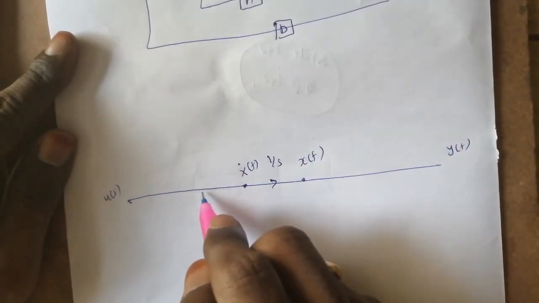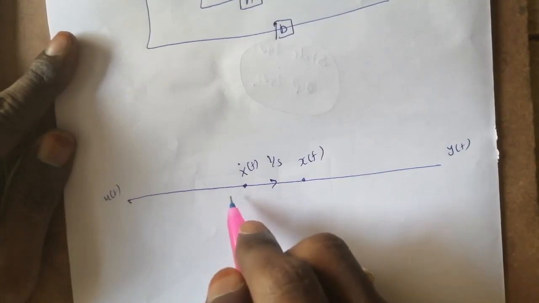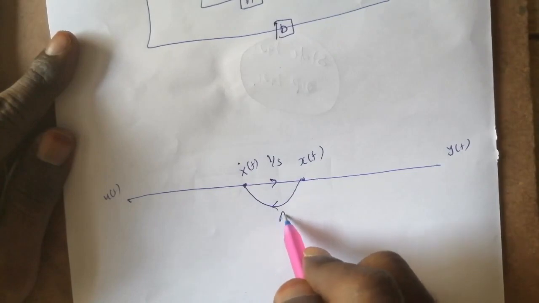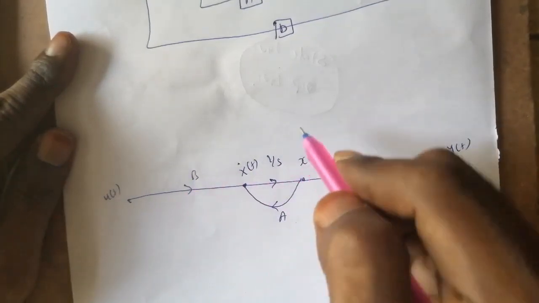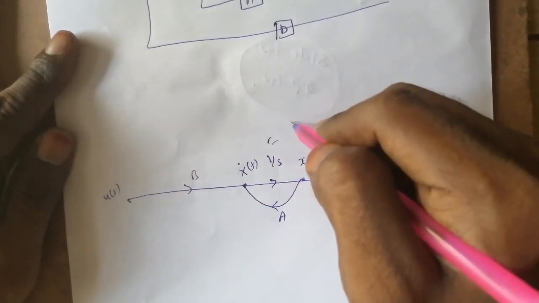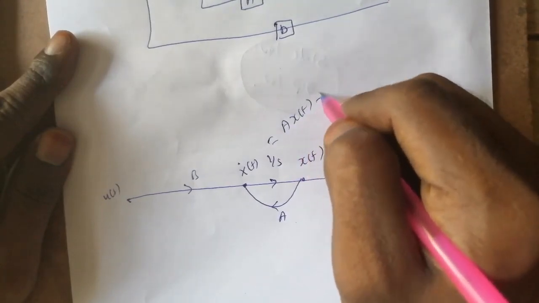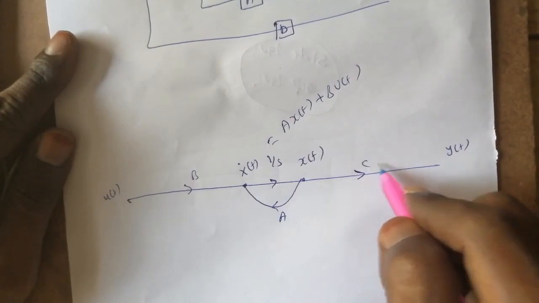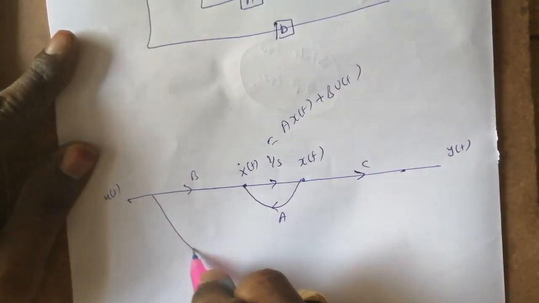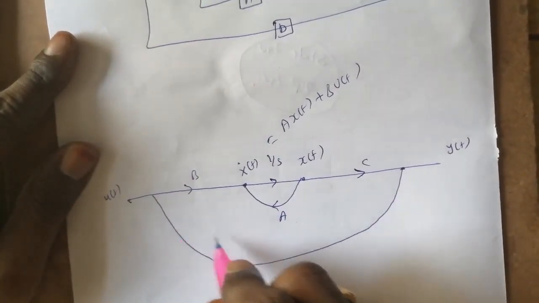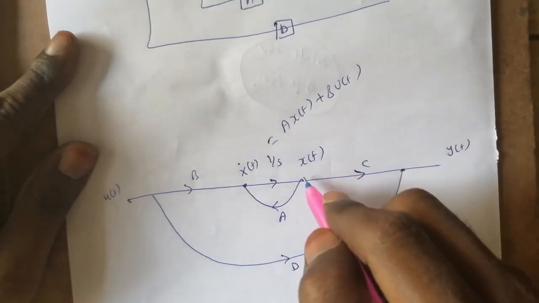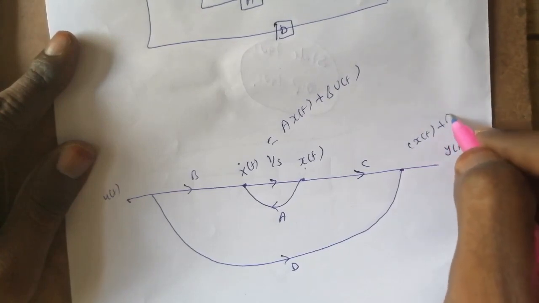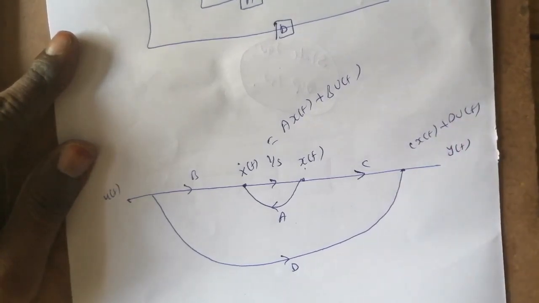Here a will come and b. So x dot of t equals a into x(t) plus b into u(t). Now here c will come, and this is d. So y(t) equals cX(t) plus dU(t). This is the representation of the signal flow graph.